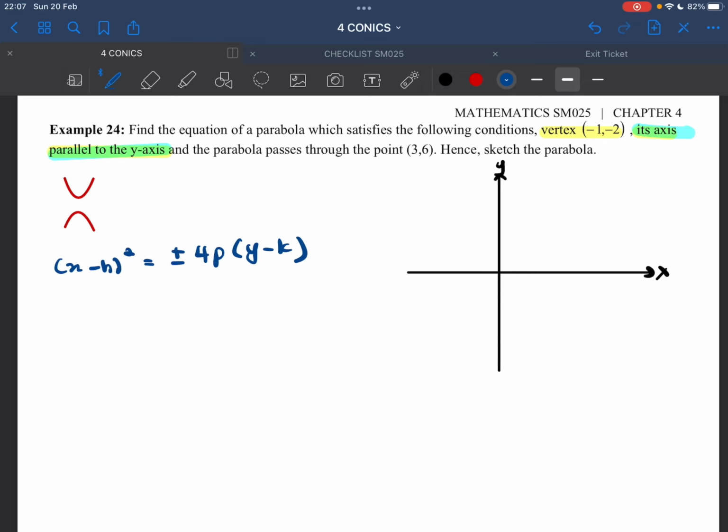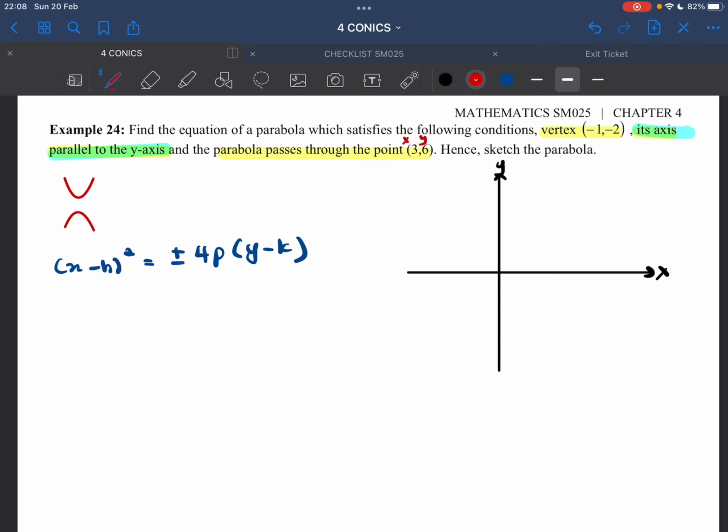So one more tip that you can use here is, since we have the coordinate of the vertex, and the question said the parabola passes through point (3, 6). So whenever the question says passes through, this is the value of your x and your y.